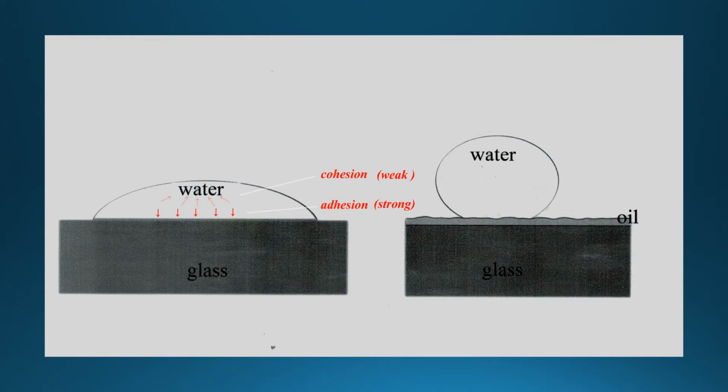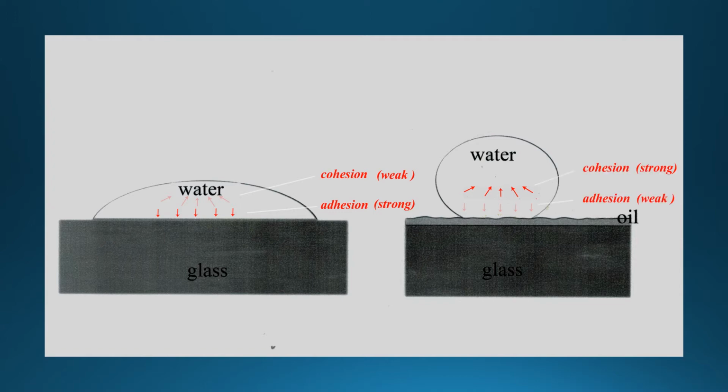And now, if you add a layer of oil onto the glass surface, then you drop a water droplet, the water will stand up instead of getting flat. Why? Cohesion force and adhesion force.